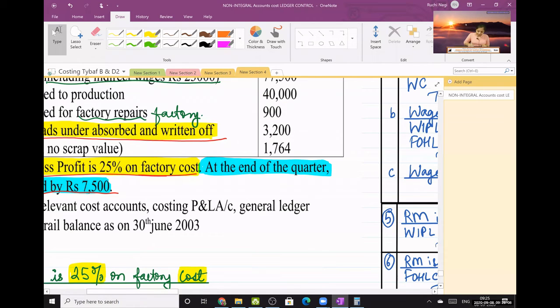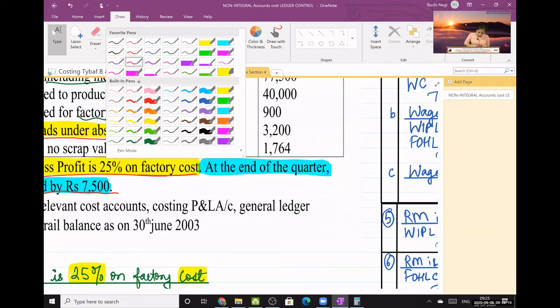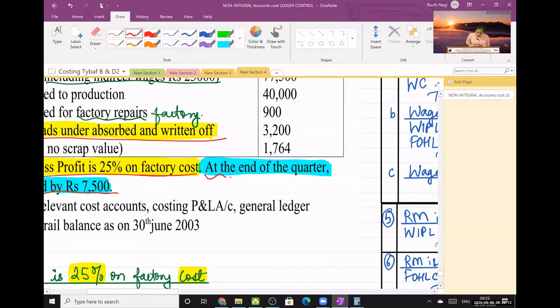See, it says at the end of the quarter, right? Highlight. See this. At the end of the quarter. Okay.